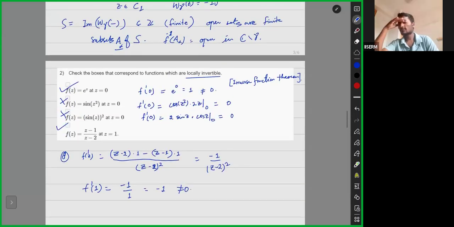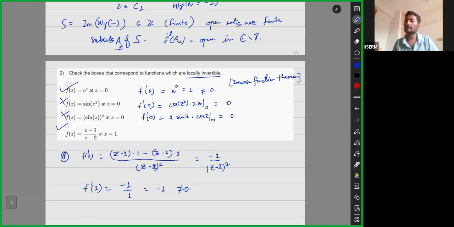If f prime is 0, we can't say anything. Of course, when f prime is non-zero, it is one-one in a neighborhood.